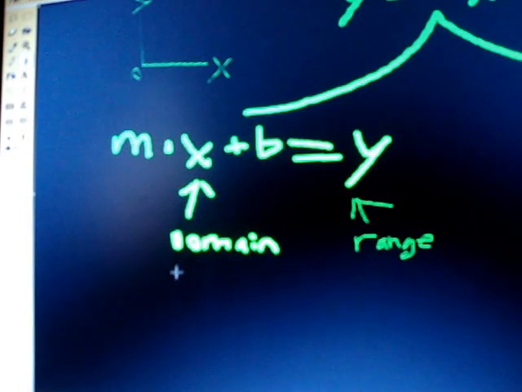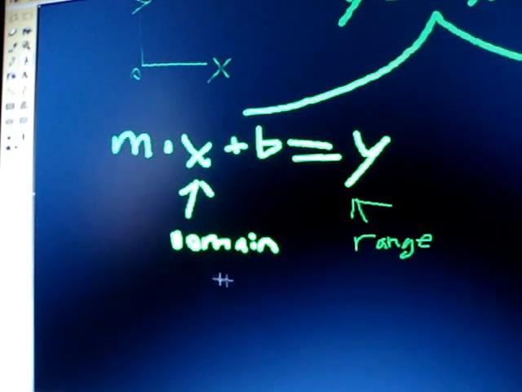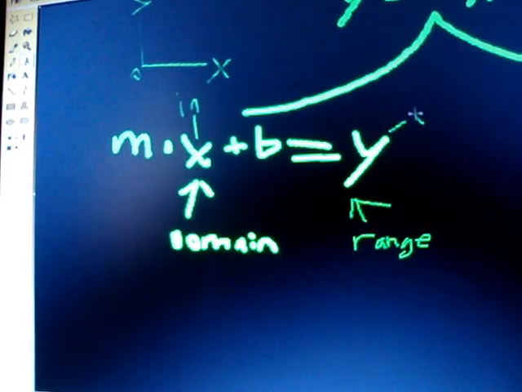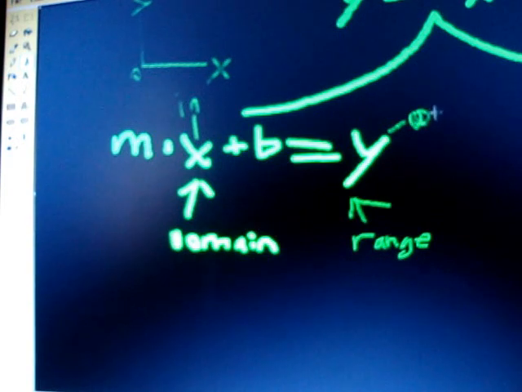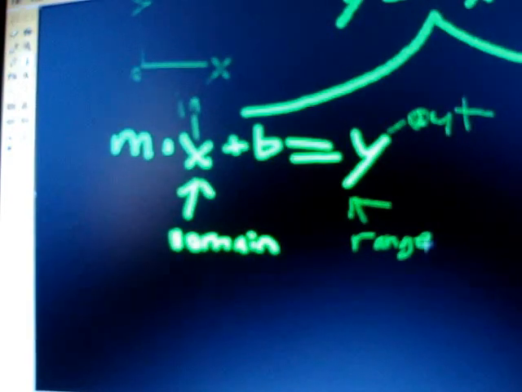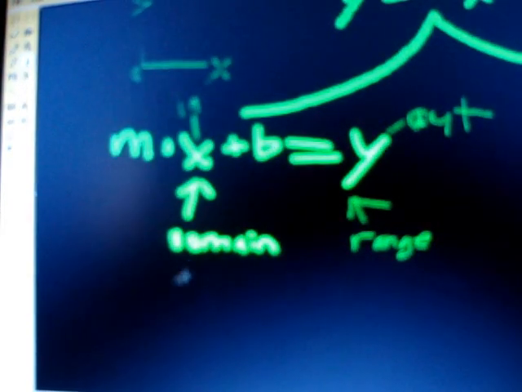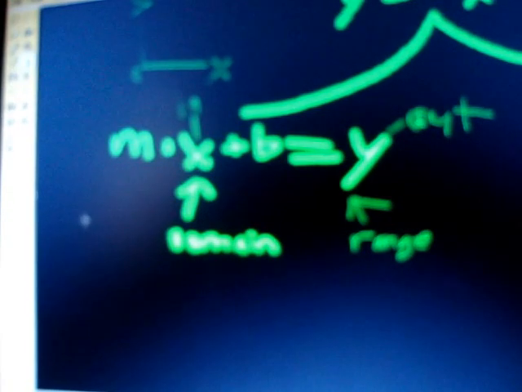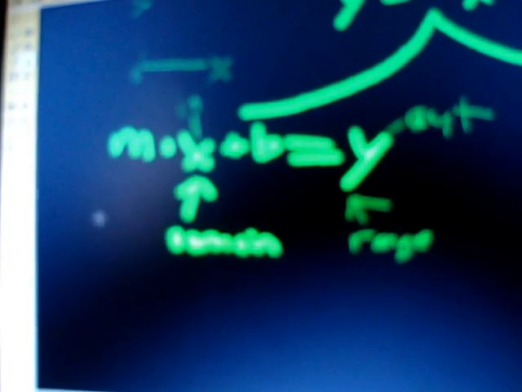So you have that and that. This is the input, and this is your output. So your input is your domain, outputs is range.